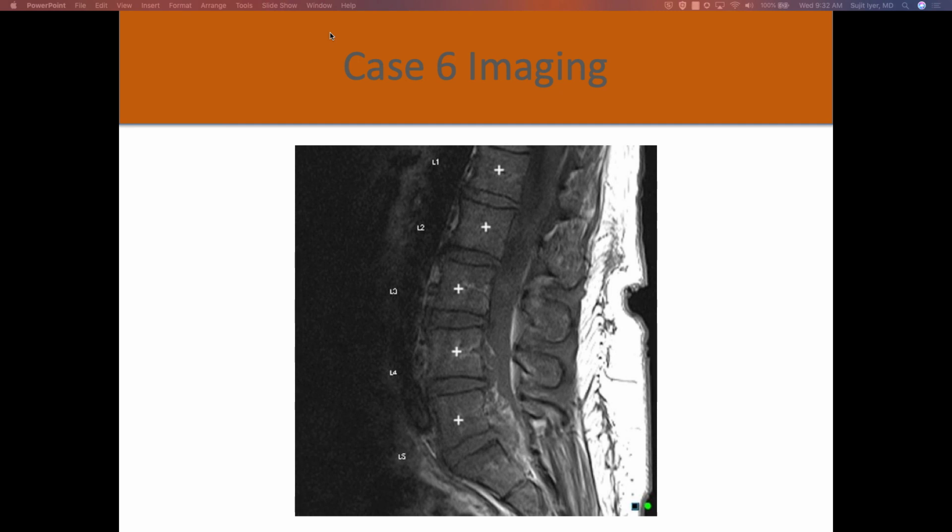I think generally, you start with plain films. If there's a neurologic deficit, though, MR would probably be the way to go, particularly if there's history and everything. And generally, if you're worried about infection, we do without and with contrast.